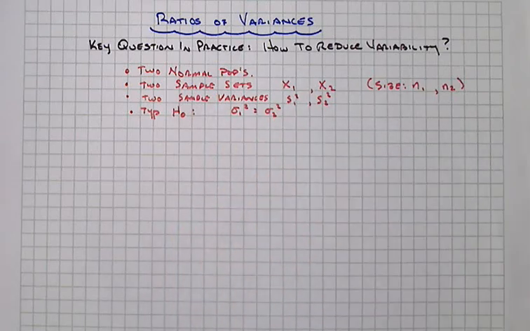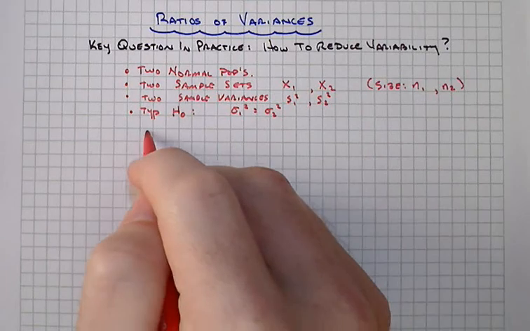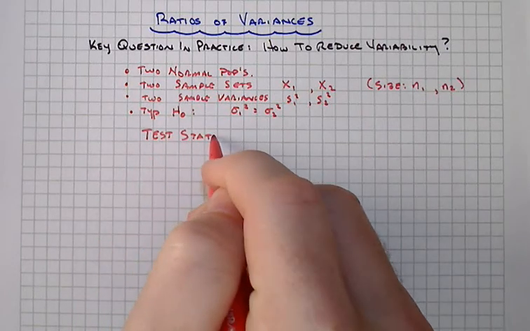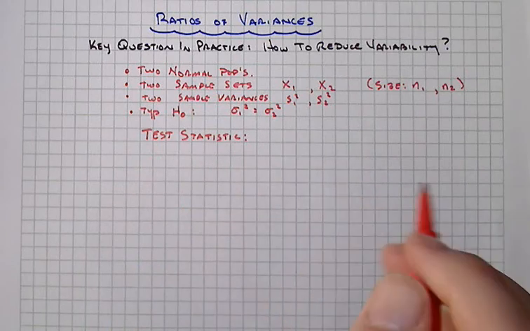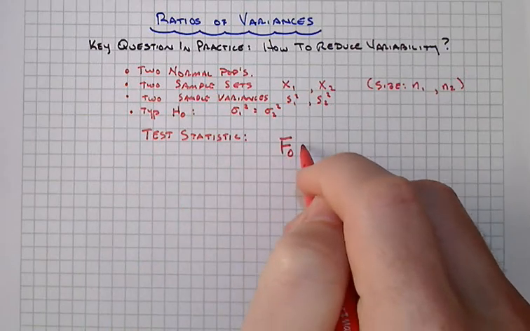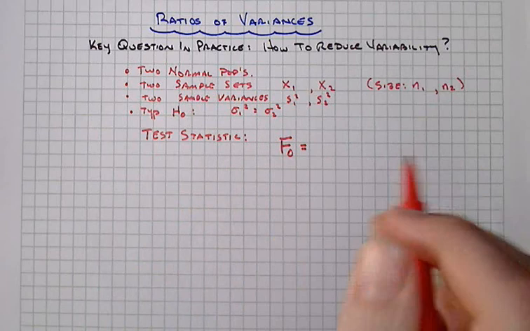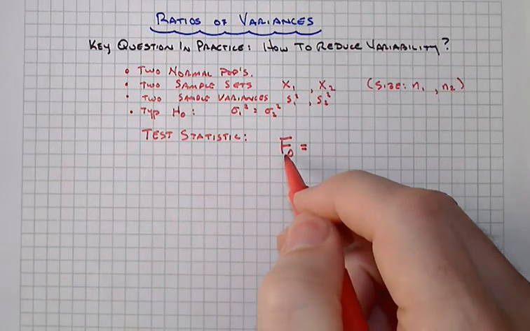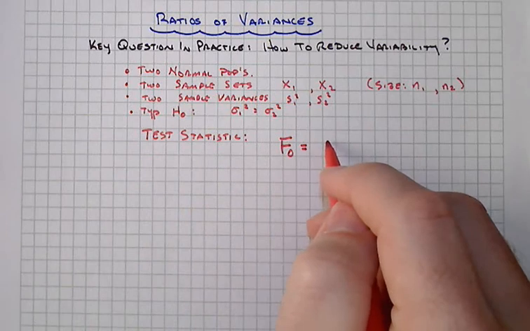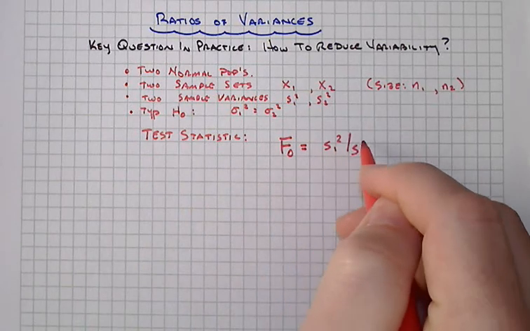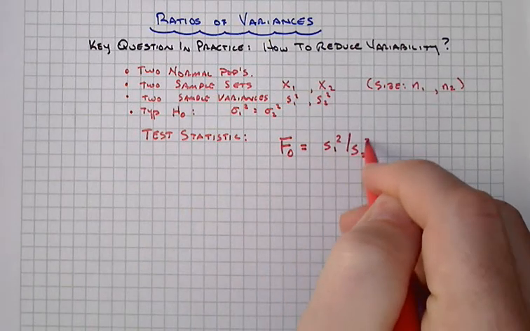And because of that, then the form of our test statistic will turn out to be associated with this f. And you can imagine from our work with the t-distribution that probably means that we have an f distribution, and that turns out to be the case. And it's just a ratio of the two sample variances.